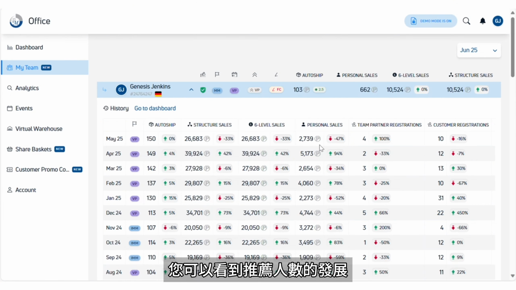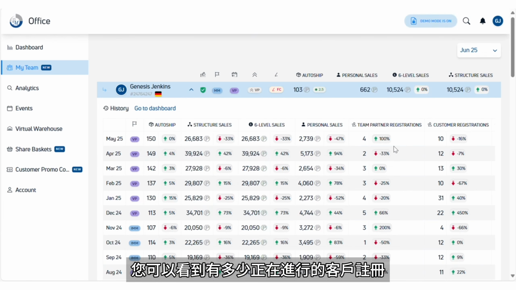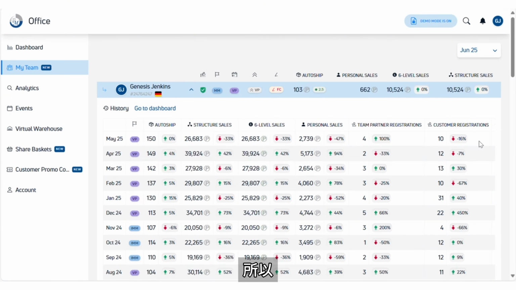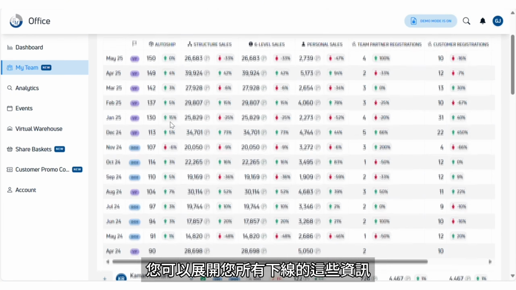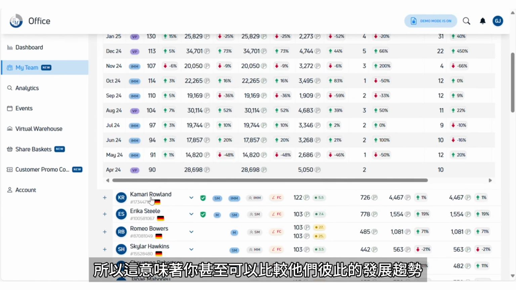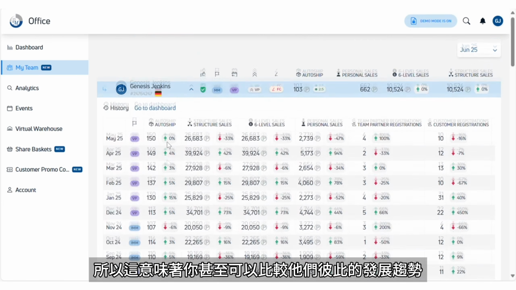You see the development of the sponsor numbers, so how many new team partners are sponsored in the team. And you see how many customer registrations were happening. You can open this up for every one of your downlines, so that means you can even compare trends to each other.